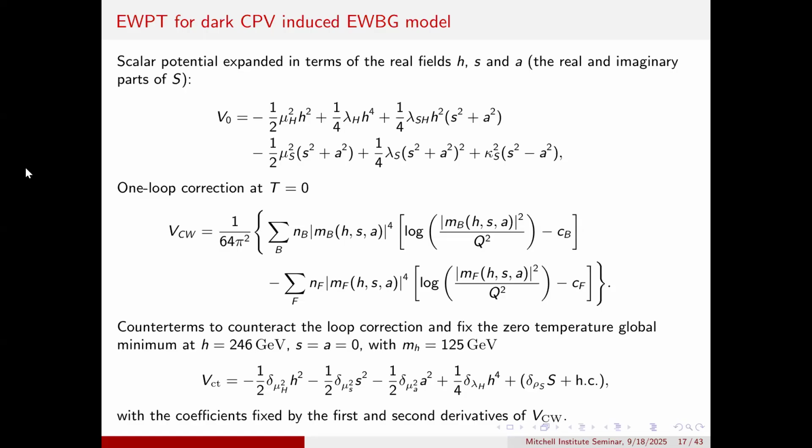In this case, we have three fields: the Higgs, and the real and imaginary parts of the complex singlet. And we have to introduce the Coleman-Weinberg potential. And this is the counter term that is to counteract the loop correction, the Coleman-Weinberg correction, and fix the zero temperature at the observed value.